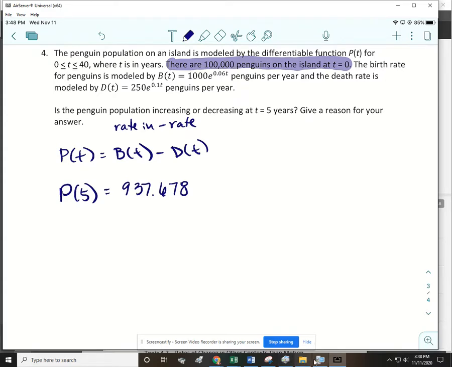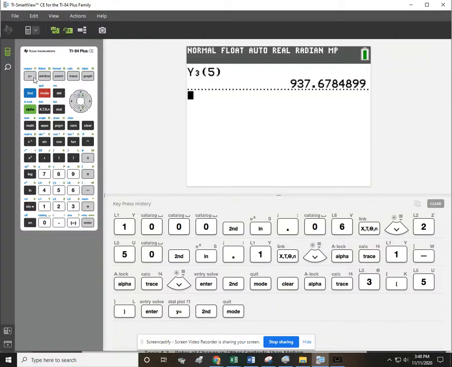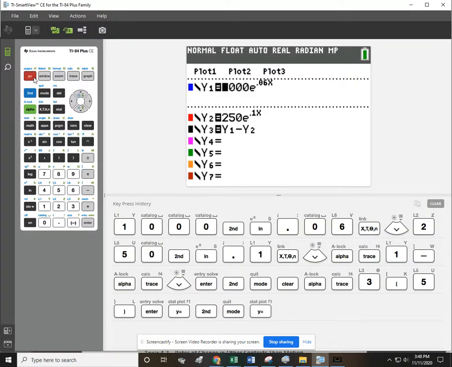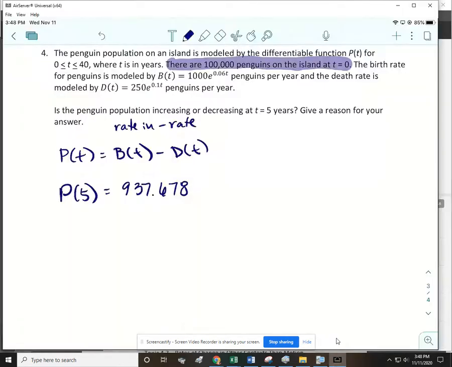Let me just double check that because I'm not getting the same thing I got before. Oh, sorry, yeah, I am. My bad, that's right. Okay, so that's going to be penguins per year.